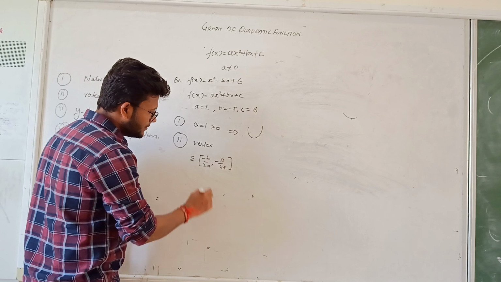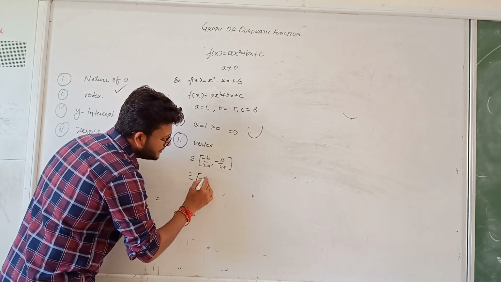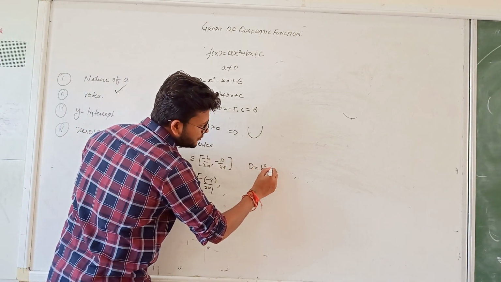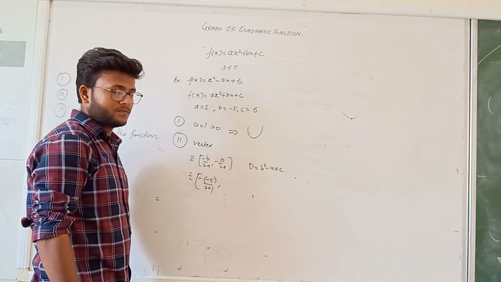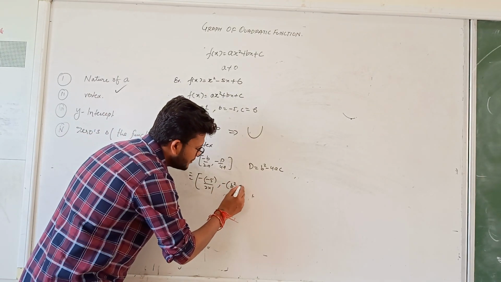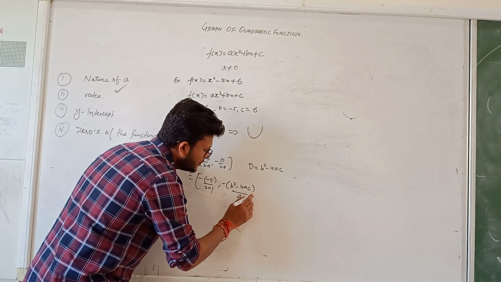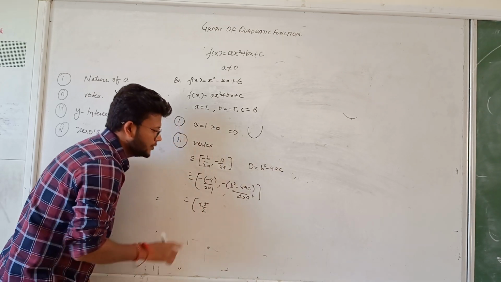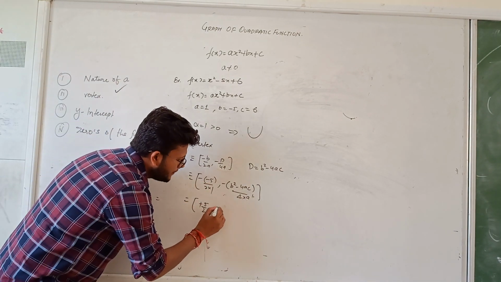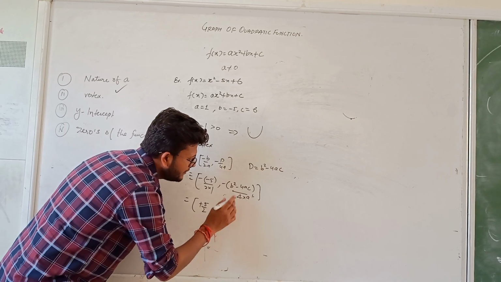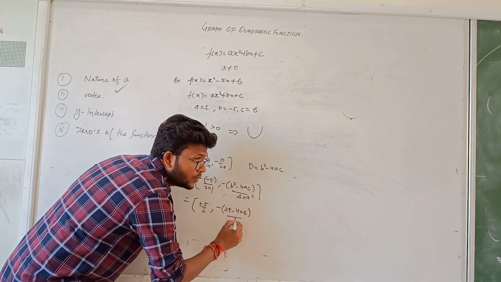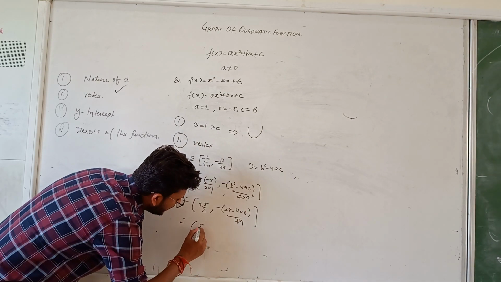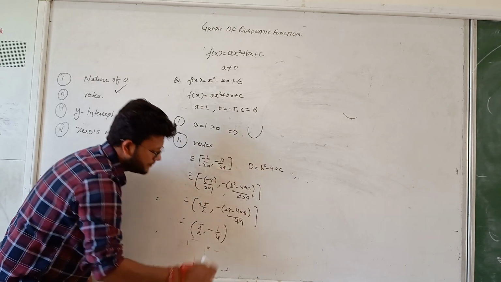On putting the values, we get -(-5)/(2·1) = 5/2, and D = b² - 4ac, the discriminant, so -(25 - 4·6)/(4·1) = -1/4. The vertex is (5/2, -1/4).